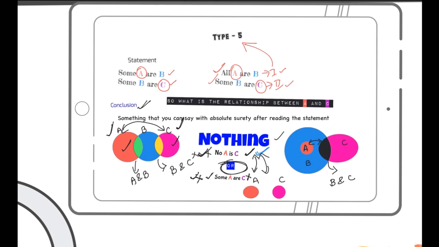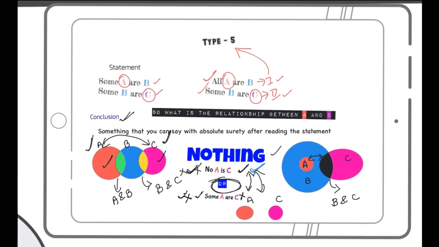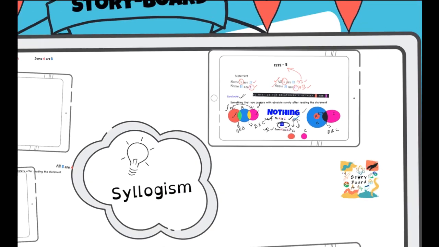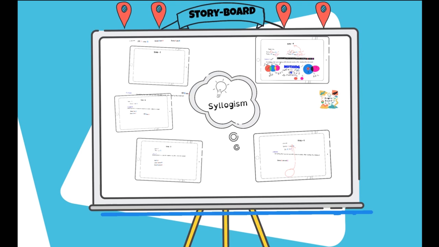And when do we apply our type 5? When there is no relationship between the two quantities. So either they are overlapping or they will remain separate. So remember all the 5 types and the conclusions associated with them. Now, over the next few chapters, we'll see the problems of two statement, two conclusion and three statement, three conclusion, and we'll try and apply all the types we have learned till now.